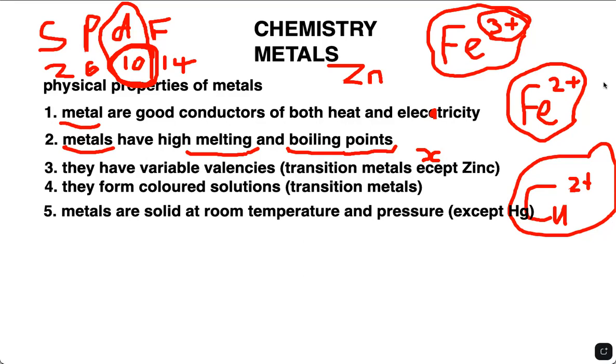There are quite a lot. We also have these three rather, that I'm going to put up. We are saying that metals are malleable, ductile, and sonorous.